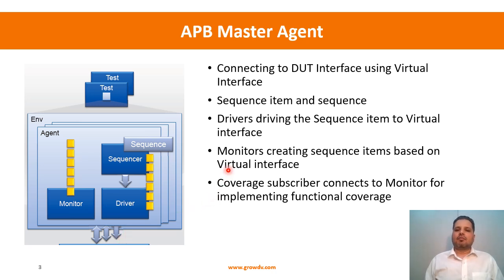Any activity taking place on the interface is monitored by the monitor present within the agent, which also uses the virtual interface. Whatever transaction the monitor is able to detect, it sends out through an analysis port.